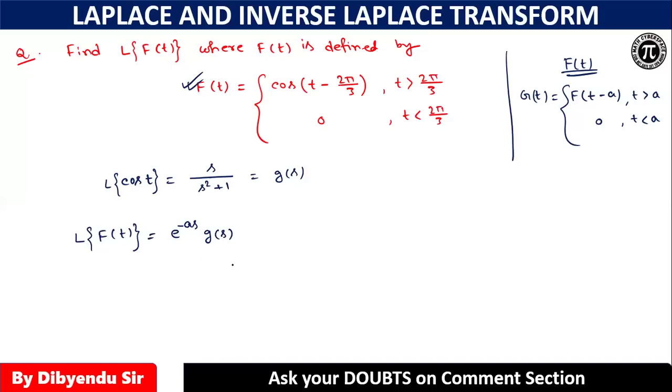So you get the final answer: e to the power minus 2 pi s by 3, since a is 2 pi by 3, into g of s, which is s by s square plus 1. This is the final answer. Very simple.